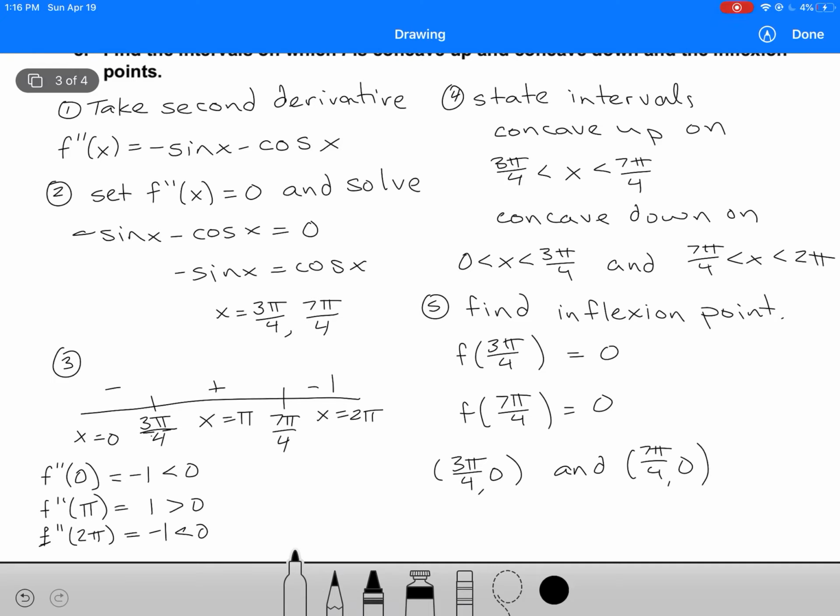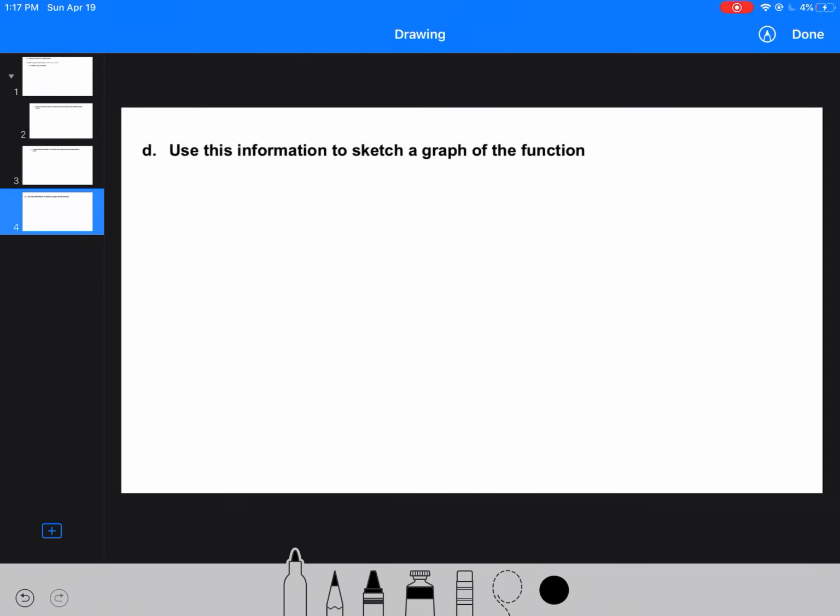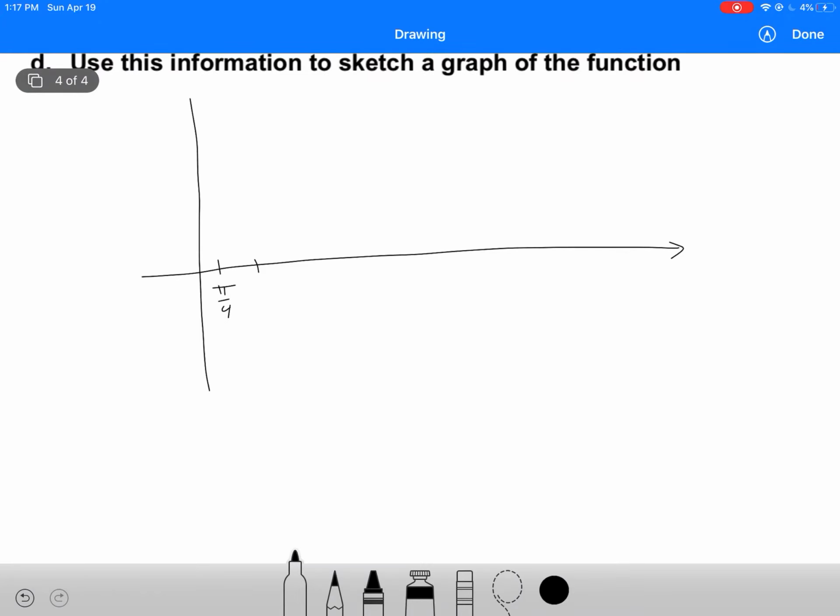The last thing that we're going to do is take all that information and put it onto a sketch. So let's start. We've got our y-axis and our x-axis here. We're going to label our x-axis in terms of pi's over 4, because that's what all our coordinates are in terms of. 3 pi over 4, 5 pi over 4, 3 pi, 7 pi.